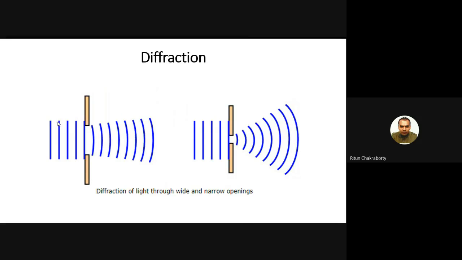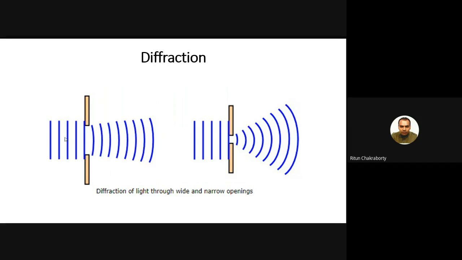You see, this opening is quite large, very large. If light is traveling from, suppose, left to right, what will happen? Light is of course passing through this quite wide opening, but the deviation of light is not very much pronounced.